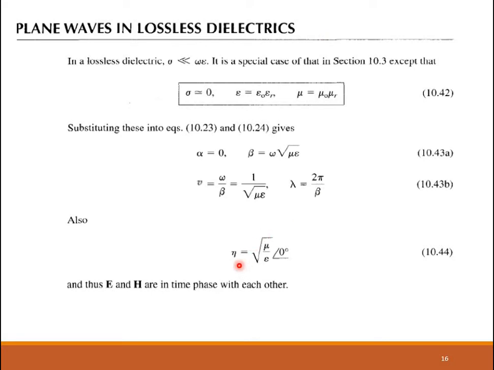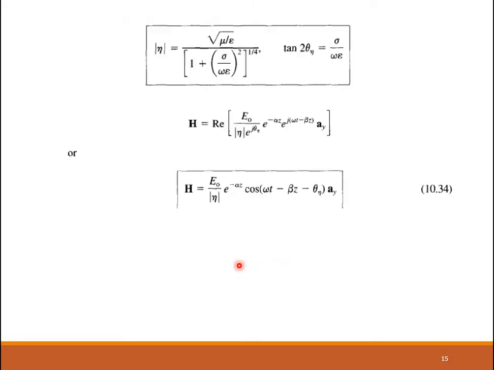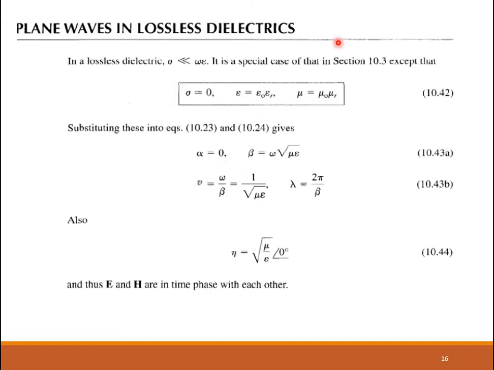Now what happens to the intrinsic impedance? Again comparing it with the previous case. If this is 0, what is the intrinsic impedance equal to? It is just root of mu by epsilon, isn't it? And here also this is 0. So the angle is 0. So what does this imply?